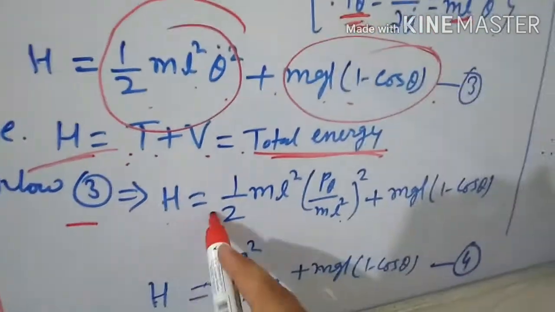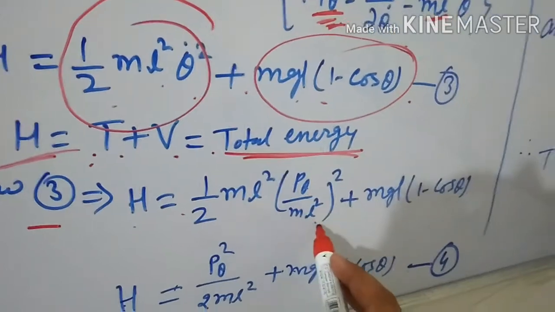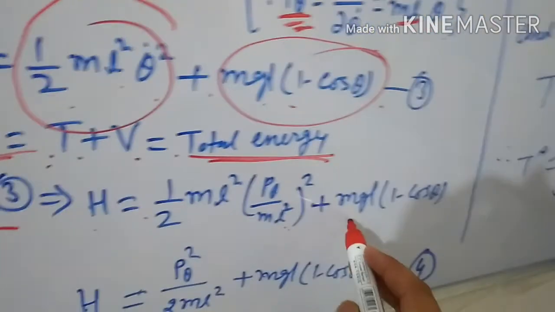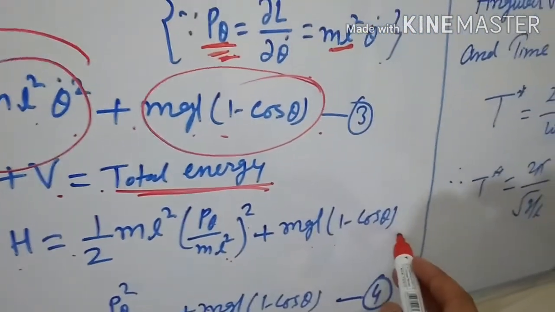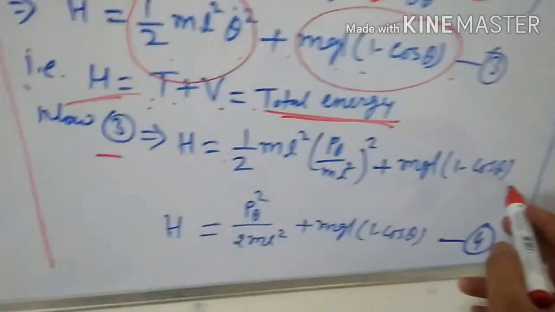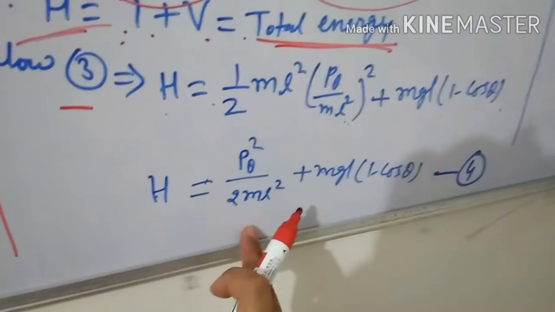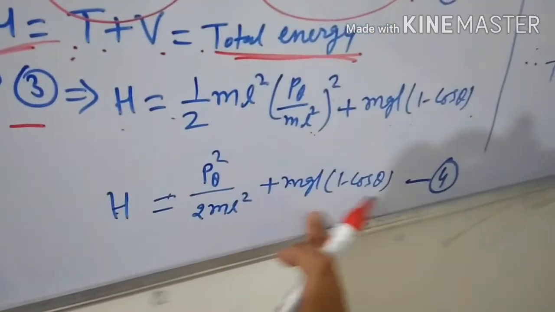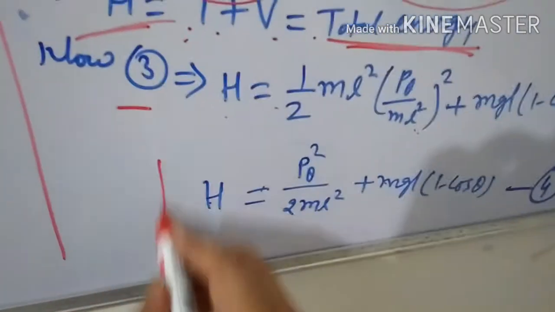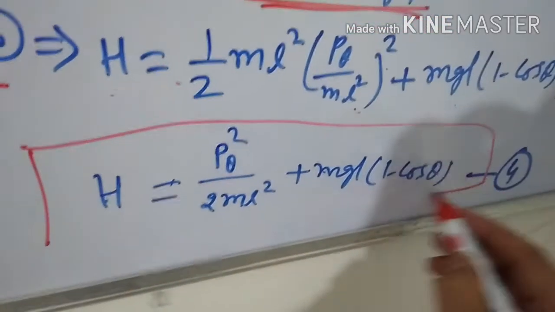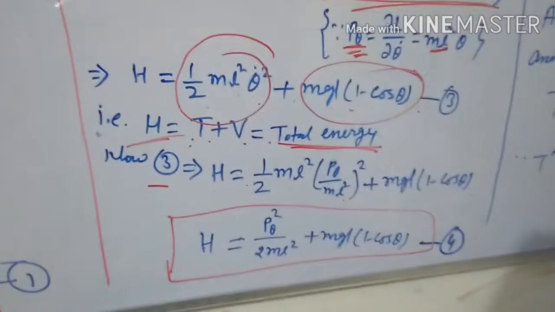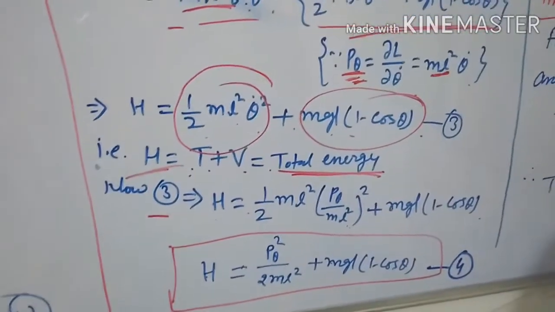Then we have H equal to half ml square (P theta upon ml square) whole square plus mgl(1 minus cos theta). After solving, we obtain H equal to P theta square upon 2ml square plus mgl(1 minus cos theta), which is the required Hamiltonian or Hamilton function for simple pendulum.